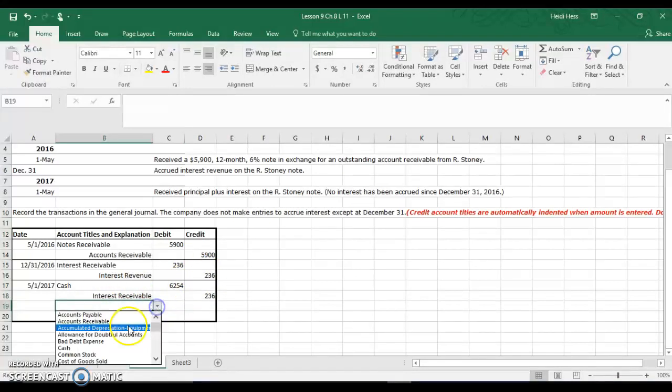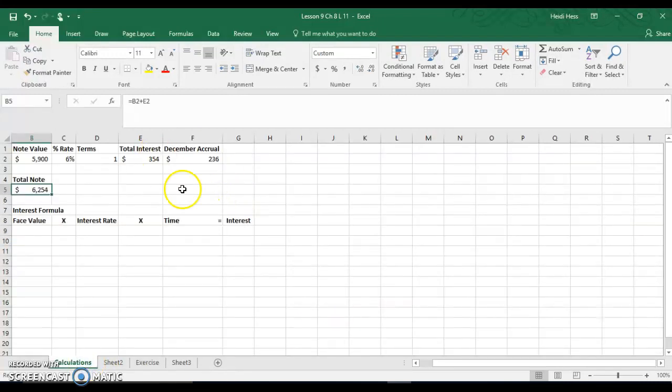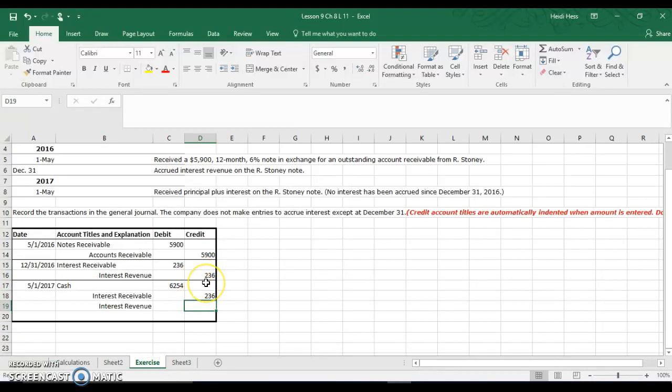We're going to do interest revenue for the remaining amount of the interest that's due so that we can record the rest of the interest. So our total interest is $354. We're going to subtract the accrual that we already did of $236. That leaves us with $118 that needs to be recorded. So we're going to put $118 right there.